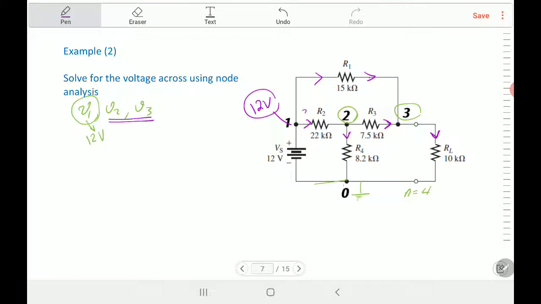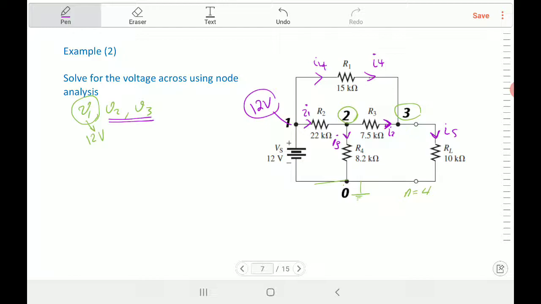We'll call this I1, this one I2, this one I3, I4, this one the same current I4, and I5. So you have I1 to I5. That's the step to do that. Try to remember the sequence that I'm using to solve this problem, and then go back and read the steps.